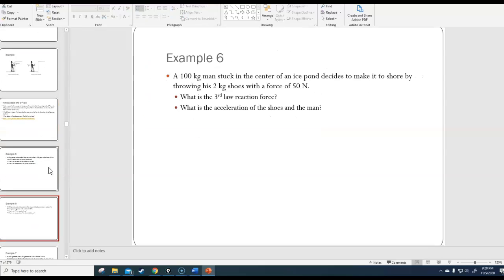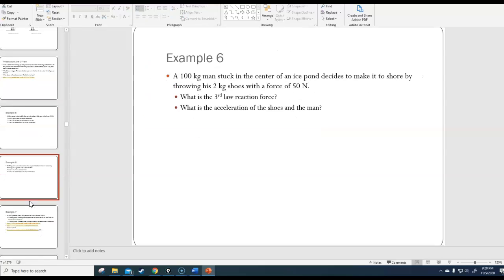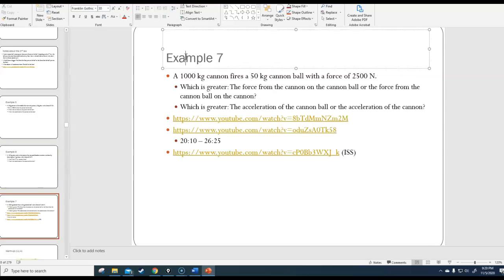Okay, so let's do an example. Example 7. A 1,000 kilogram cannon fires a 50 kilogram cannonball with a force of 2,500 newtons. The first question says, which one is greater, the force from the cannon on the cannonball or the force from the cannonball on the cannon?